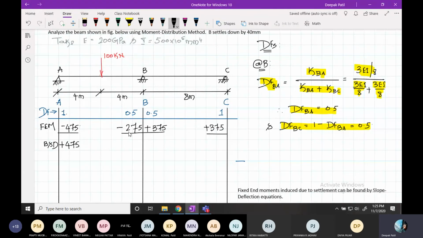So minus 100 into 0.5 is minus 50, and minus 100 into this 0.5 is also minus 50. Now when I come to this point, the net moment at C is plus 375. To balance that, you will apply minus 375. Minus 375 into 1 is minus 375. Are you clear, students?